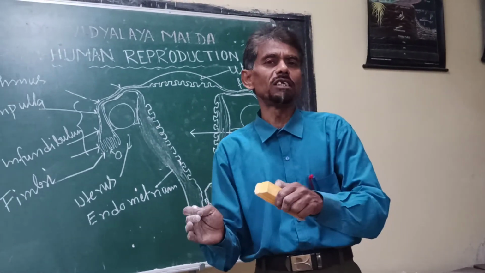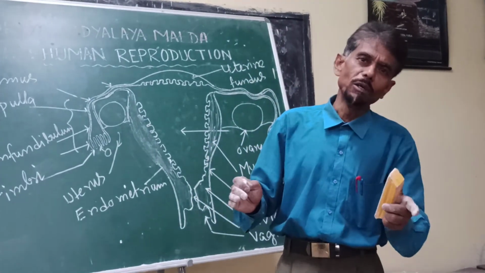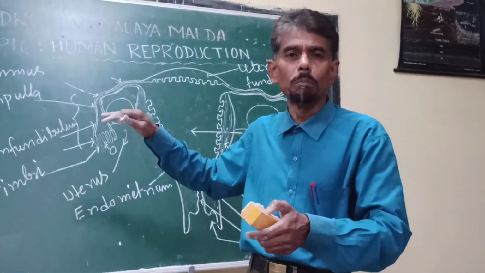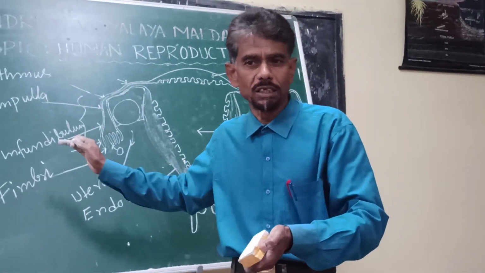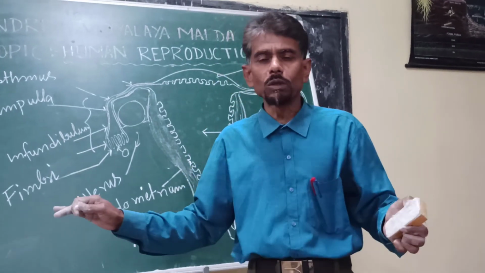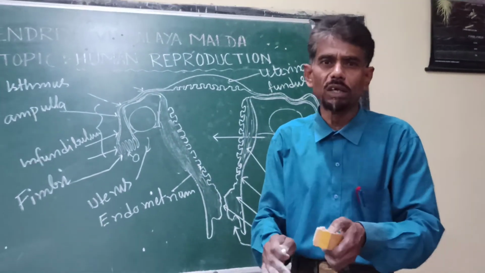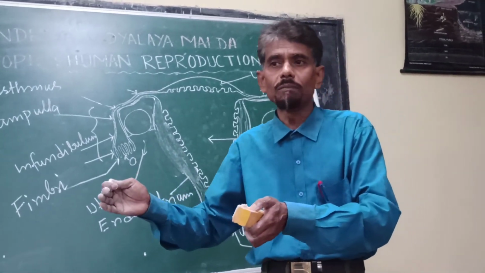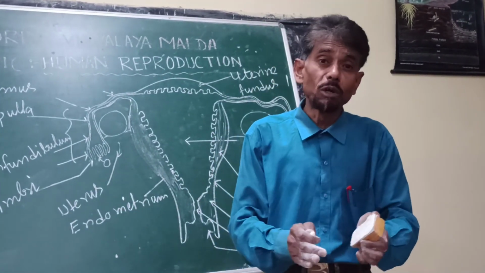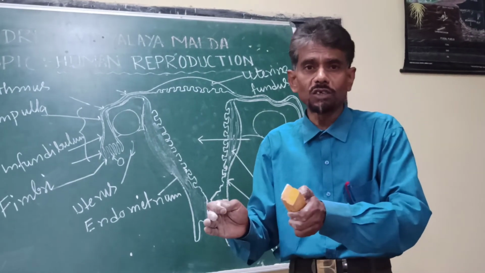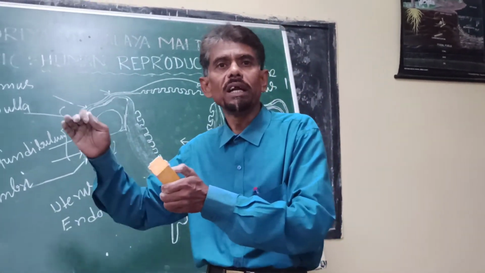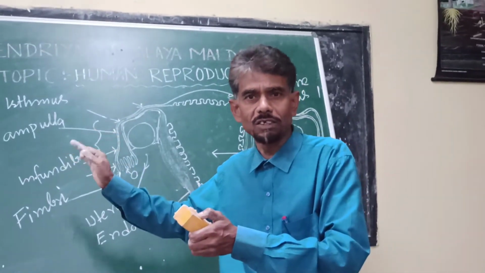In gametogenesis, where sperm is produced by spermatogenesis, the ovum is produced by oogenesis. The detailed processes of spermatogenesis and oogenesis, where they take place, how long they take, and the differences between them, we shall take up step by step in our next classes.